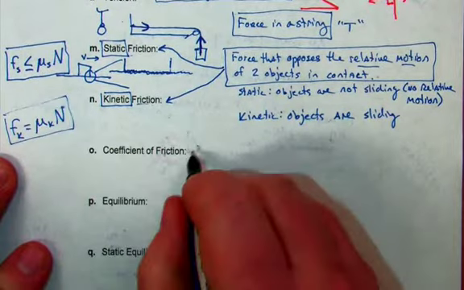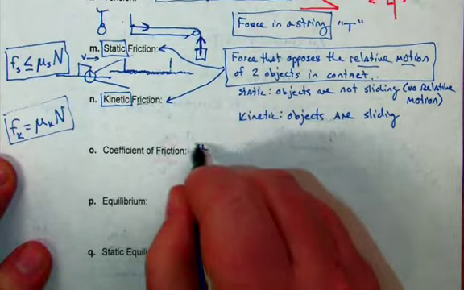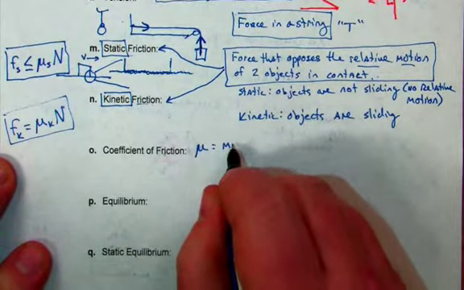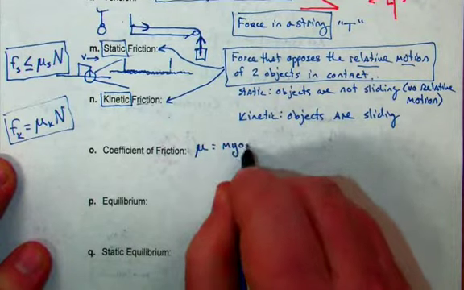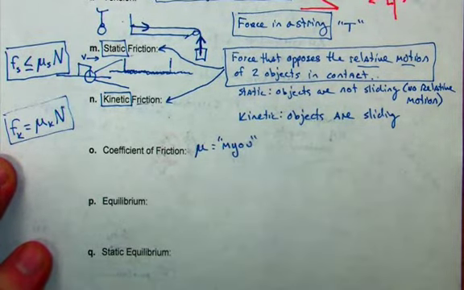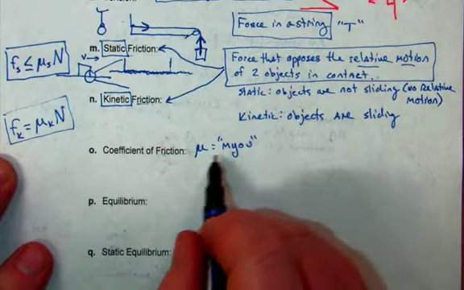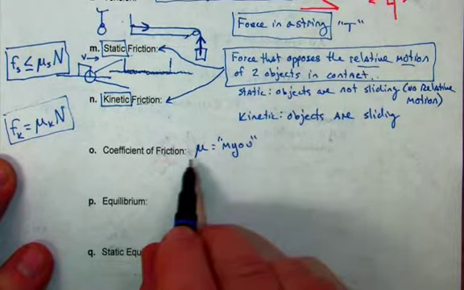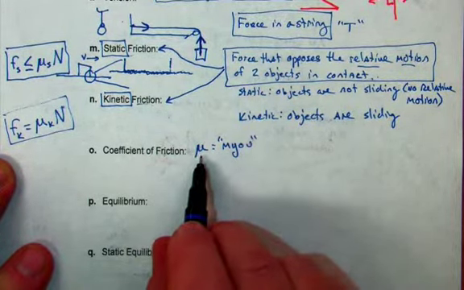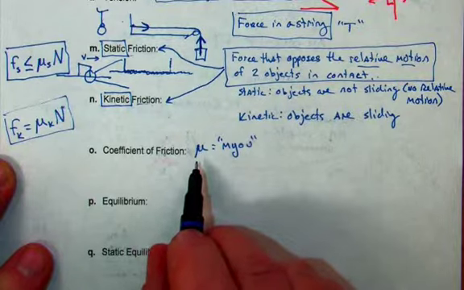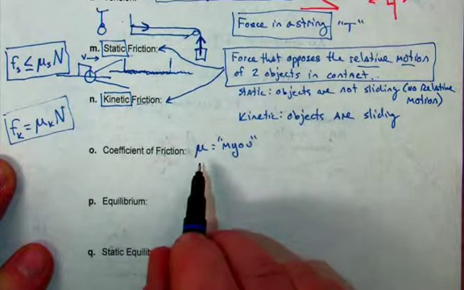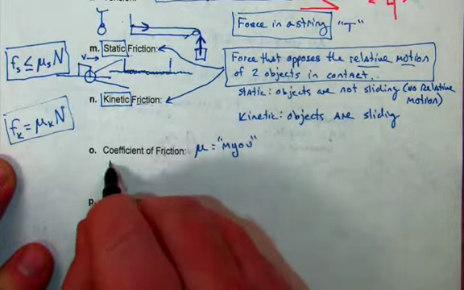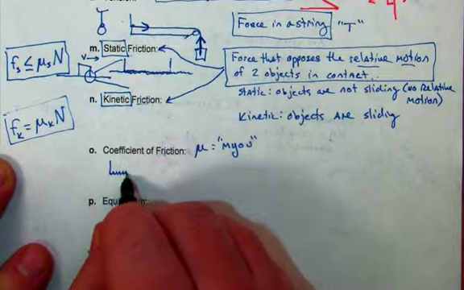So what is this little letter right here? That's the Greek letter mu. And the way you say that is like mu. Now, it's a constant value that is determined by the properties of the materials that are sliding, the objects that are interfacing with each other.